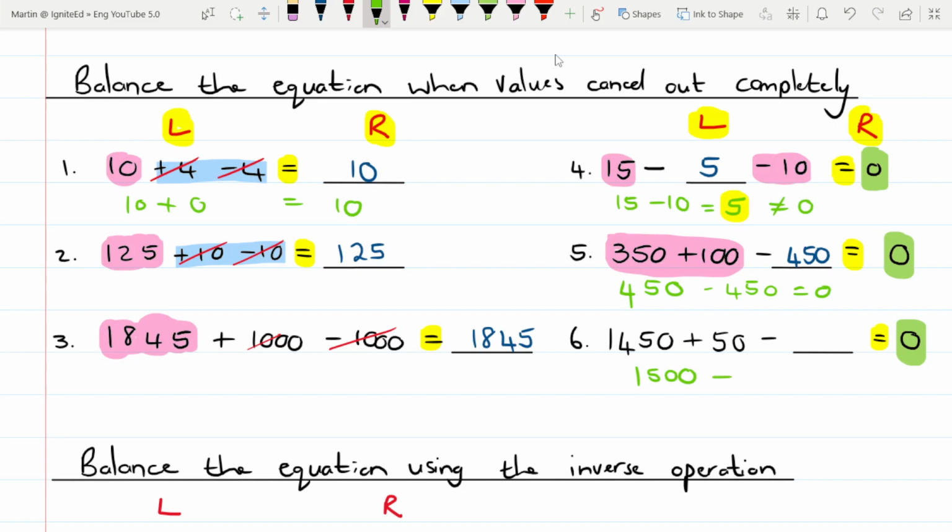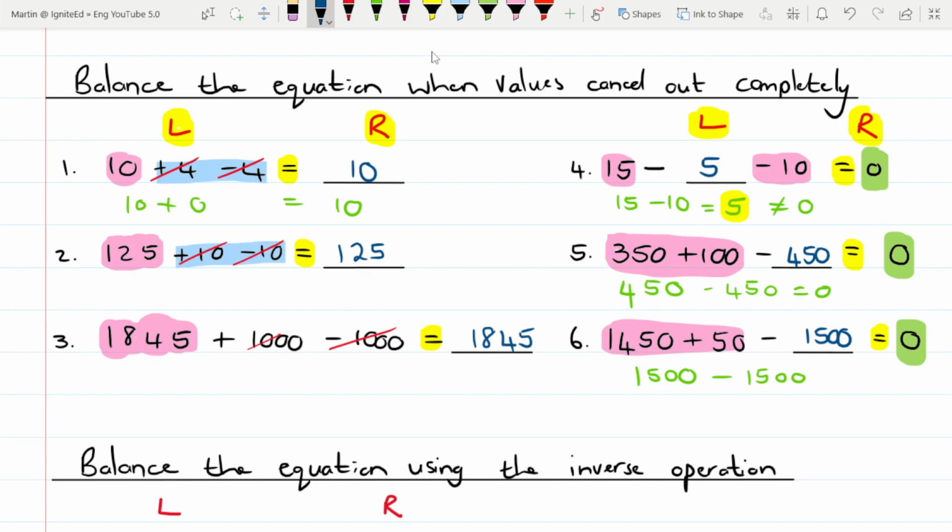So we know that we've taken what we know, the given values, and we know that in order for this equation to be true, the answer must be 0. So we need to subtract the full amount of 1,500.